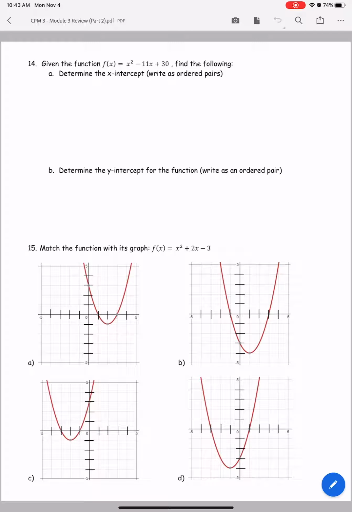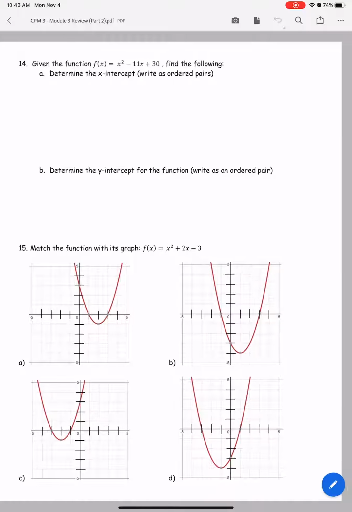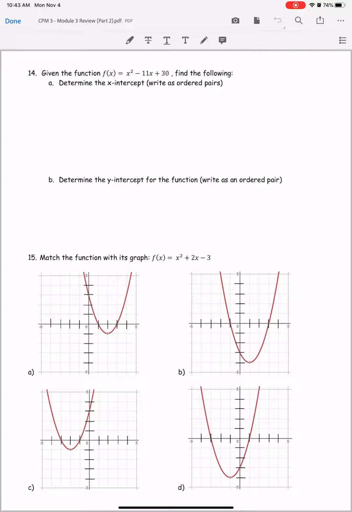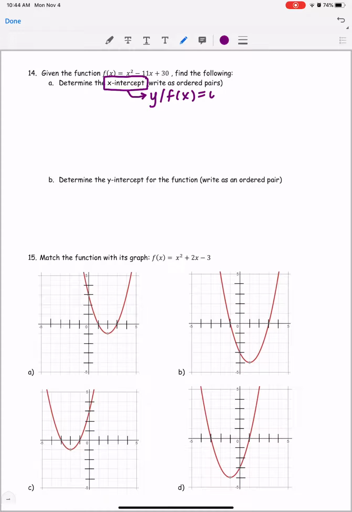This was last lesson. When you find the x-intercepts, you are letting y or f of x equal 0.